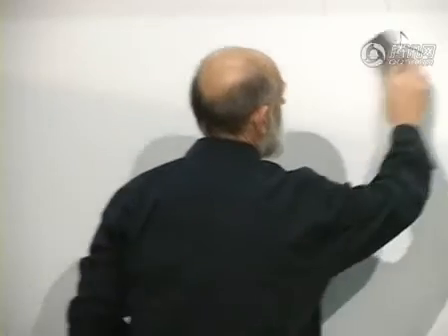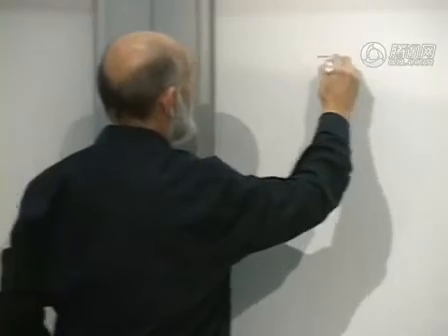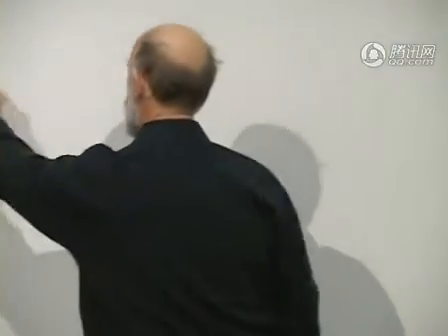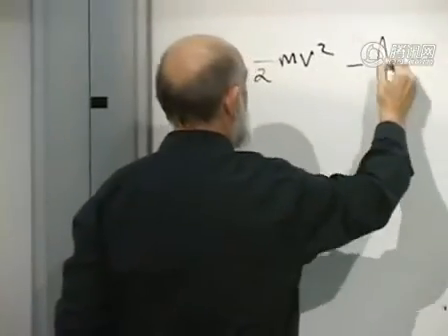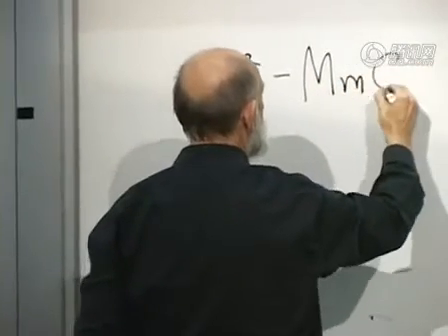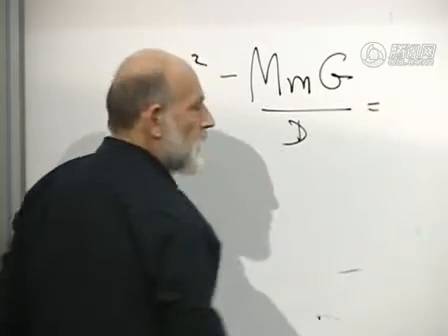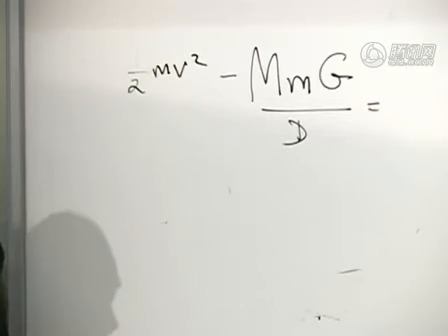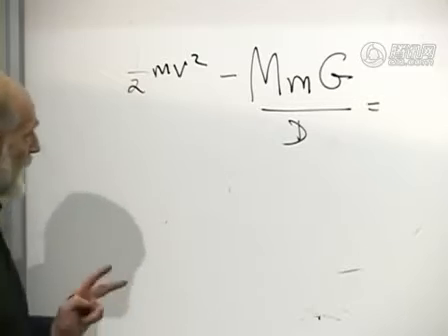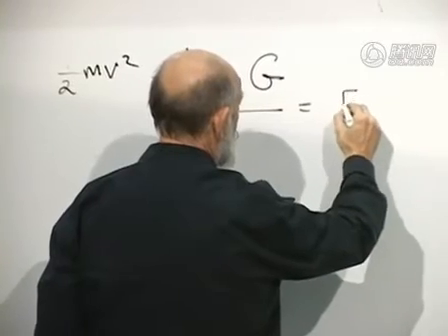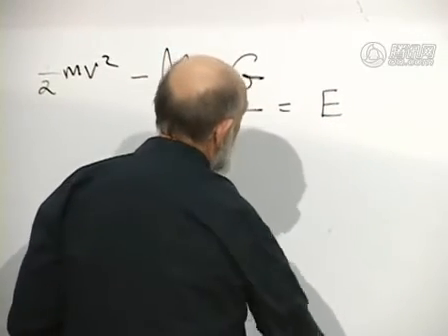Let me write it out again. 1/2 m v squared, where v is the outward velocity of this point, minus capital M, little m, G over the distance is equal to something which is fixed with time. All right? Fixed with time does not change with time. For that particular galaxy, let's just call it the energy, or let's just call it a constant.